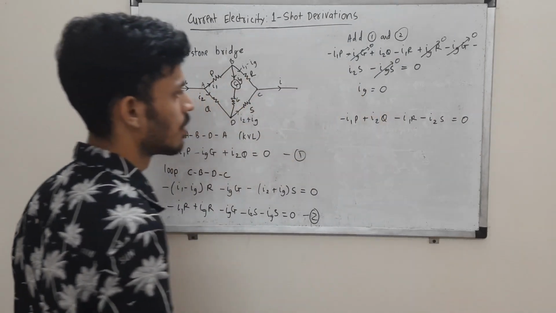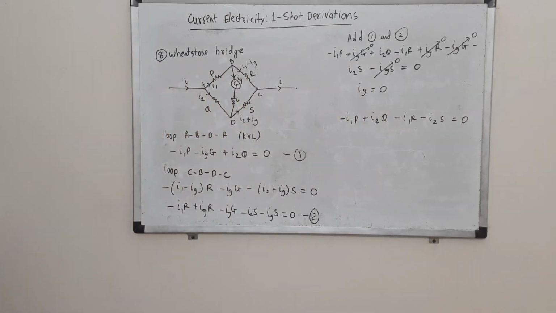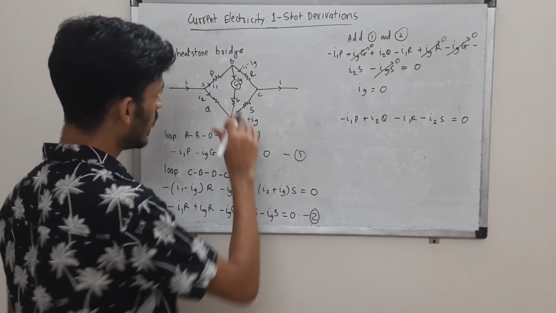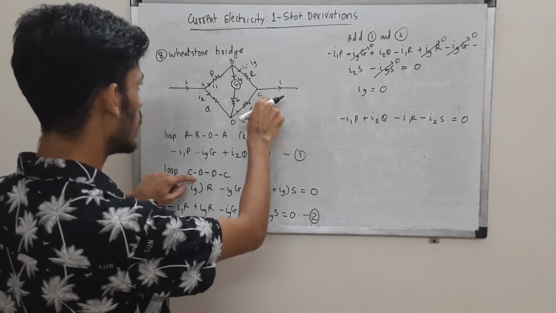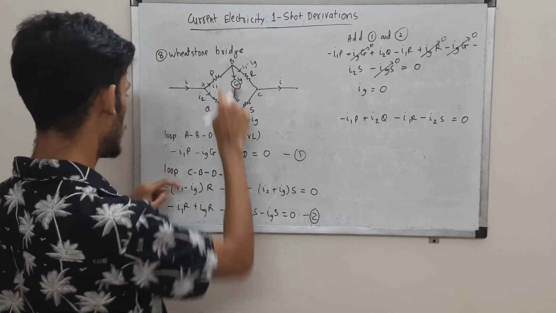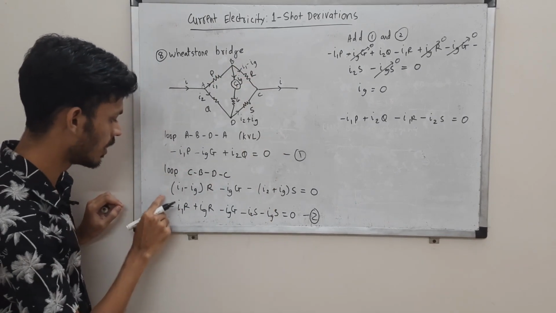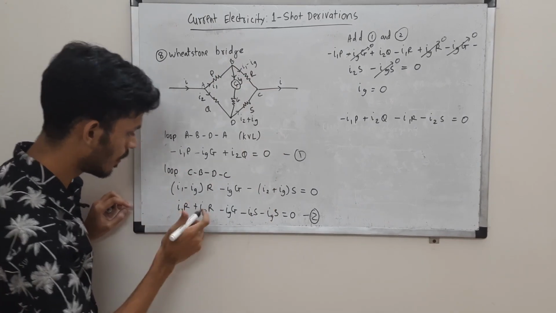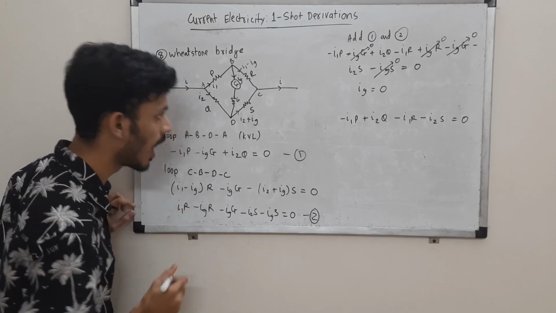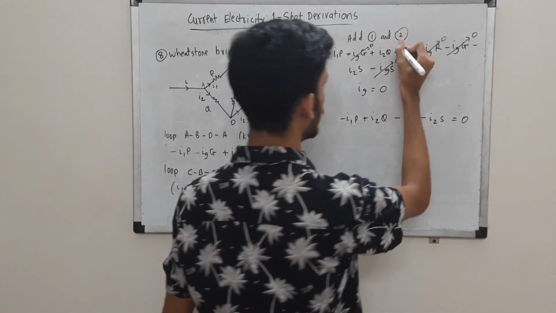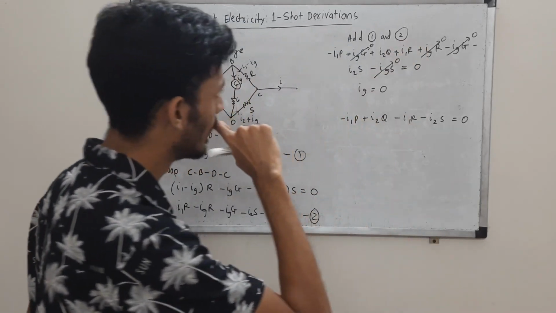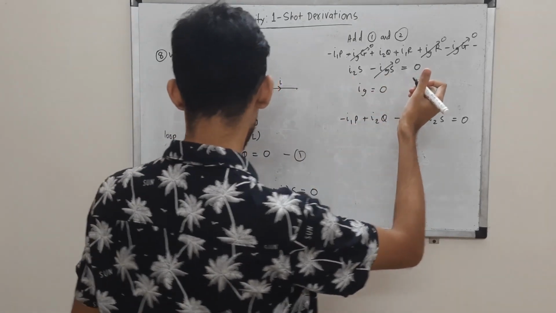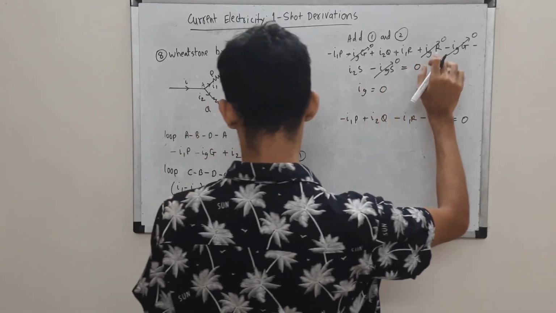Okay, so let me check that. I think we made a mistake over here. Since we were moving from C to B, it is opposite to the direction of current, so no need of this minus sign. So this will be plus and this will be minus. So I1R, this is plus and that is minus, which is Ig R, right?